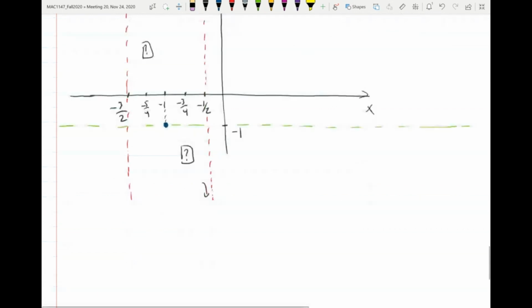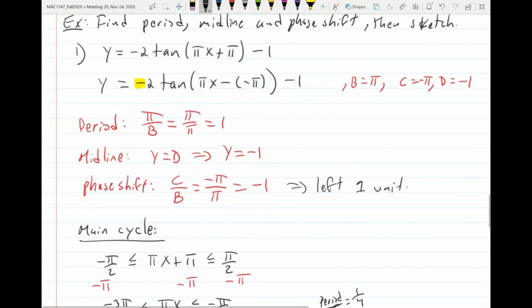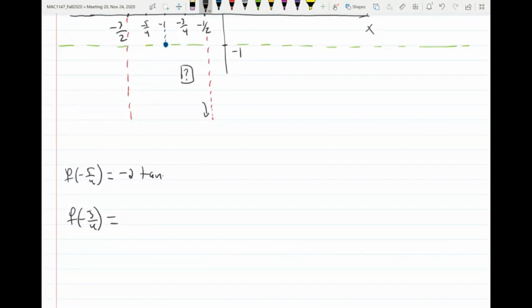All right, so then let's go ahead and figure out the value of the function at -5/4. That's the easier way to do it. So f of -5/4, and then we're gonna figure out what it is at -3/4. So just plug in. That would be -2 times tangent of, so the formula was pi x plus pi, -5π/4 plus pi, and then -1.